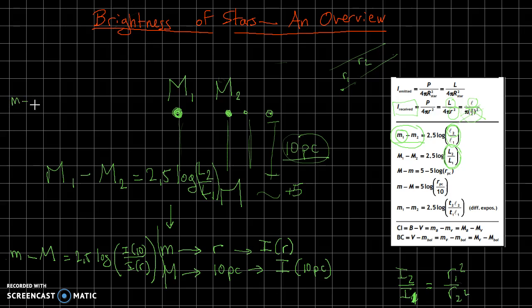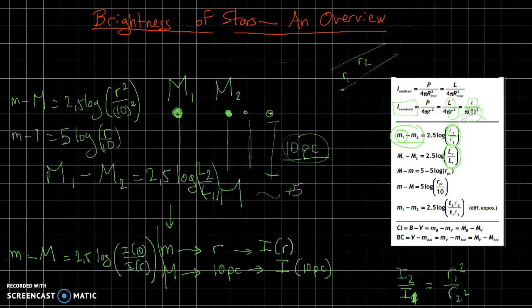So apparent magnitude minus absolute magnitude would be equal to 2.5 log of intensity at 10 parsec, which is 1 over 10 parsec squared, over intensity at distance r, 1 over r squared. So the inverse square we factor out from the logarithm, we multiply by 2. This becomes 5 log r over 10 parsec, so r in parsec.